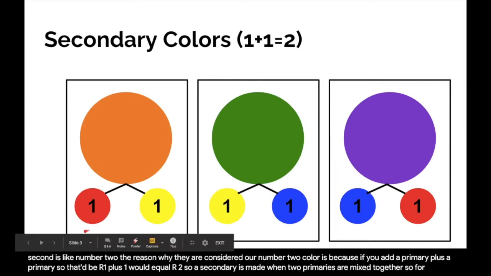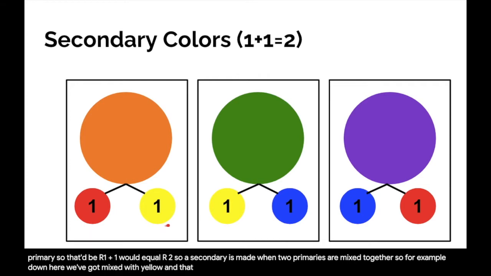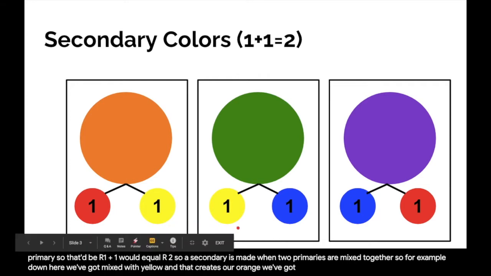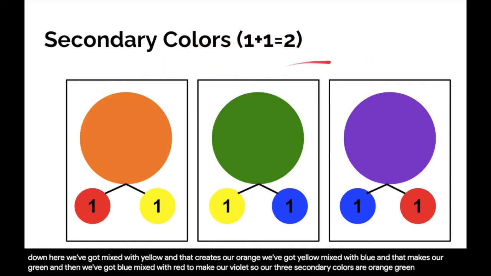So for example, down here we've got red mixed with yellow, and that creates our orange. We've got yellow mixed with blue, and that makes our green. And then we've got blue mixed with red to make our violet. So our 3 secondary colors are orange, green, and violet.